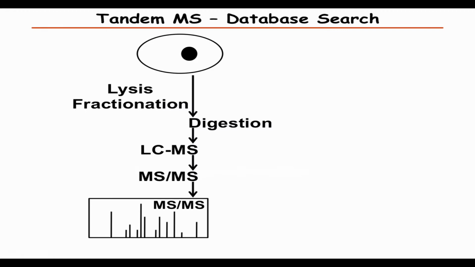So the database search mimics the experiment in the computer. In the experiment, for example, we take a cell culture, lyse the cells, extract the proteins, digest them with trypsin, separate them with liquid chromatography, and fragment a lot of peptides.